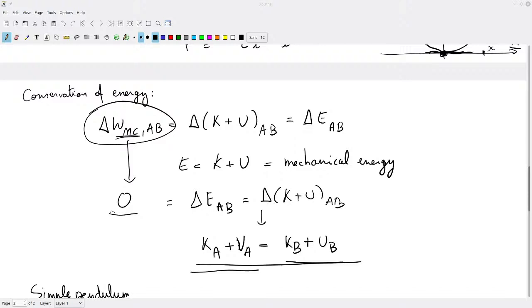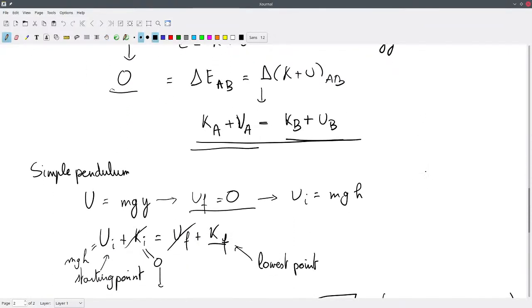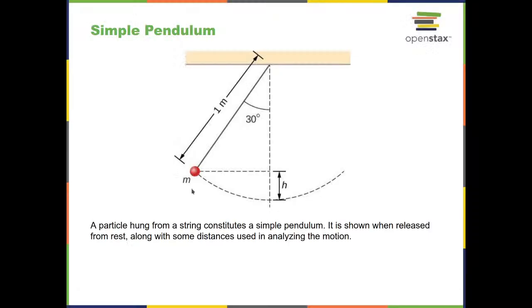So do we want U final always to be 0? No, I mean, in some cases it will make sense to set U final or U initial equal to 0. In some cases, maybe we don't want either of them to be 0. We didn't have to pick any of them 0 to begin with. We could have set the potential energy at the top here equal to 0. Then the potential energy at the lowest point would have been m times g times minus the length of the string.